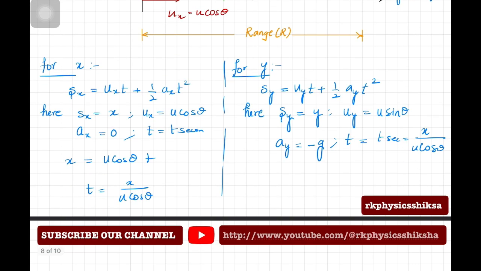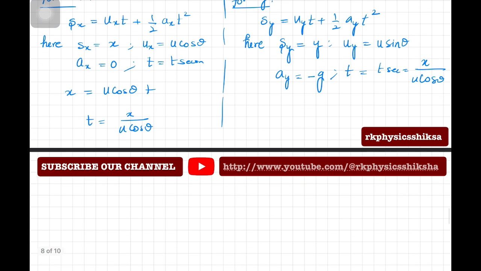Now substituting these values, I get y is equal to u sine theta into t, where t is x by u cos theta, minus half into g into t square, which is x square by u square cos square theta.